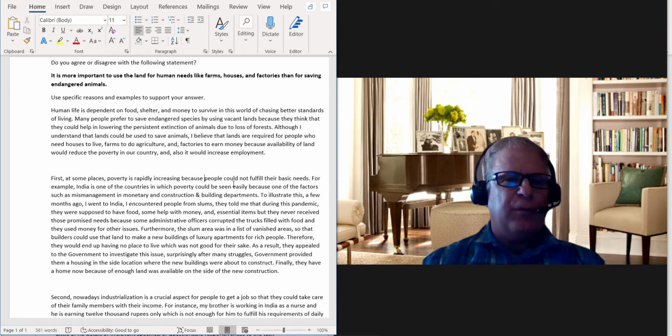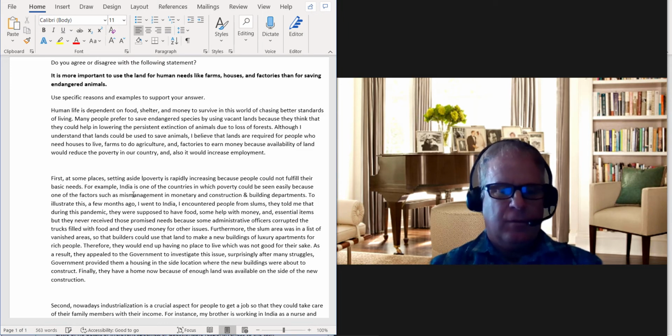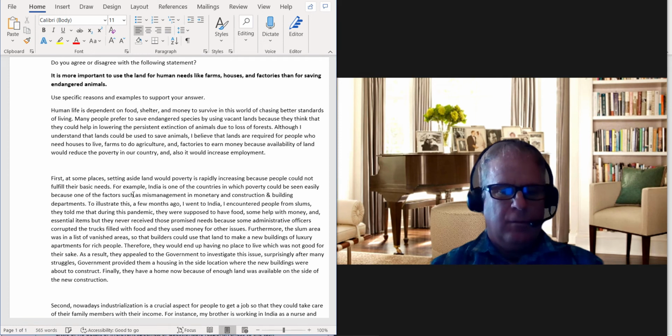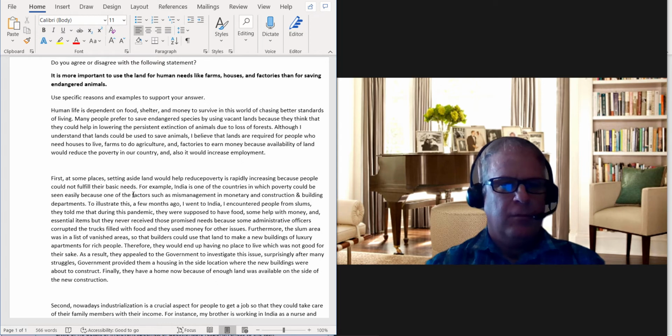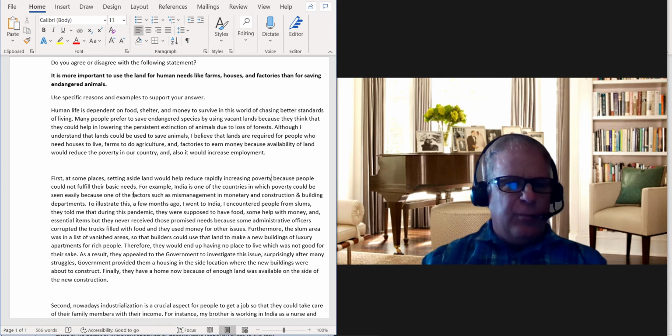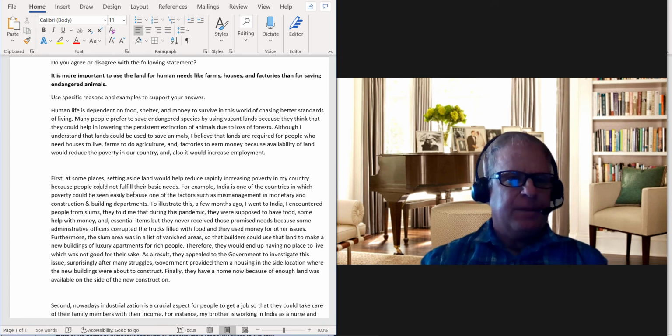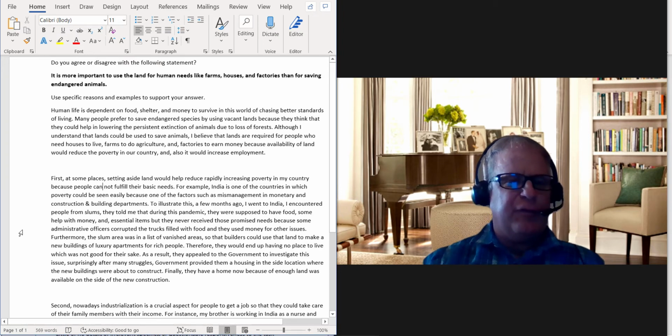So I'm going to say, setting aside land would help reduce rapidly increasing poverty in my country because people, this is not really hypothetical here. People cannot fulfill their basic needs.